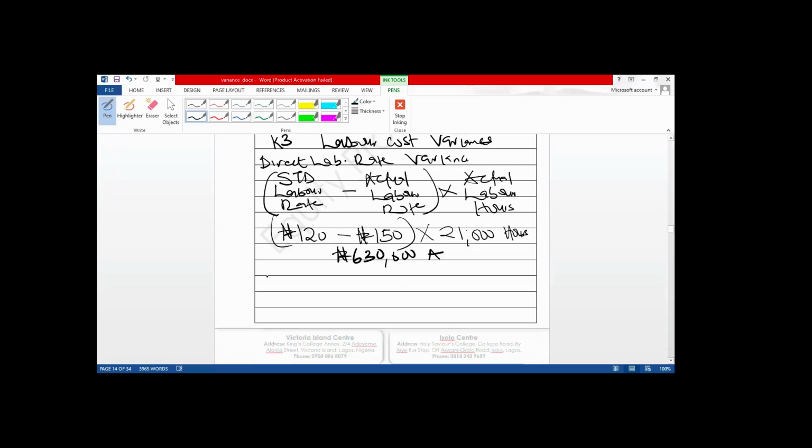We now go to direct labor efficiency variance. What is the formula?